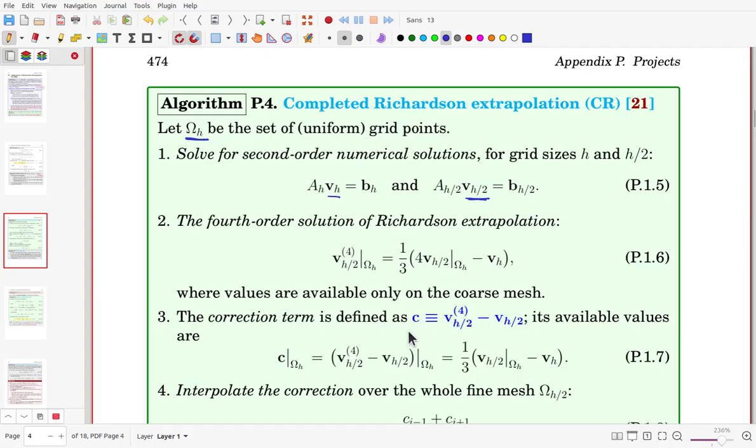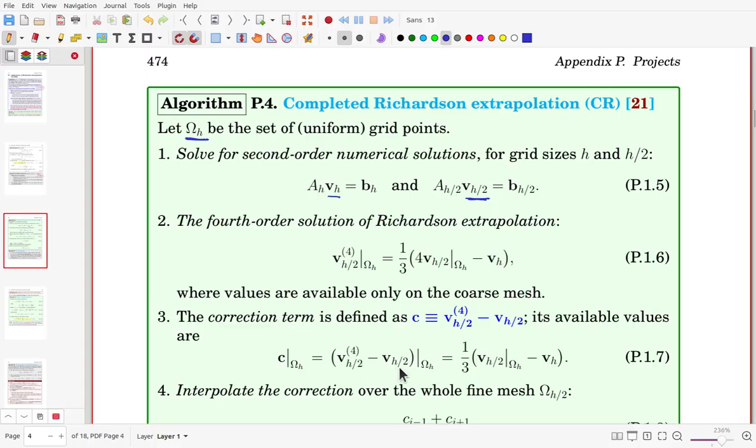But for the correction term, the available values are on the coarse mesh. So the C restricted on the coarse mesh will be the definition, restricted on the coarse mesh.